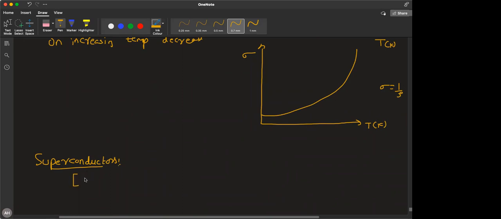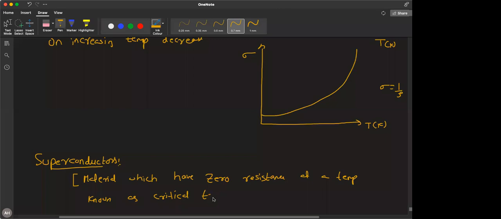Superconductors are materials which have zero resistance at a non-zero temperature, at a temperature known as the critical temperature.